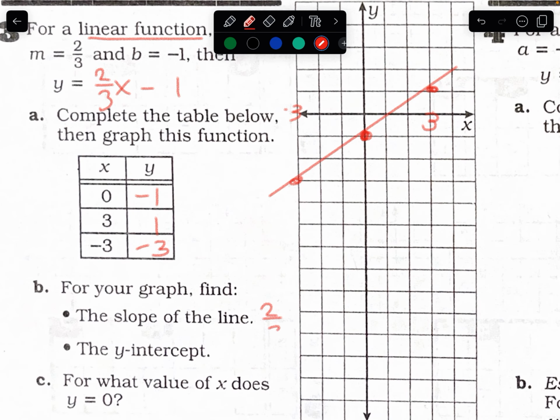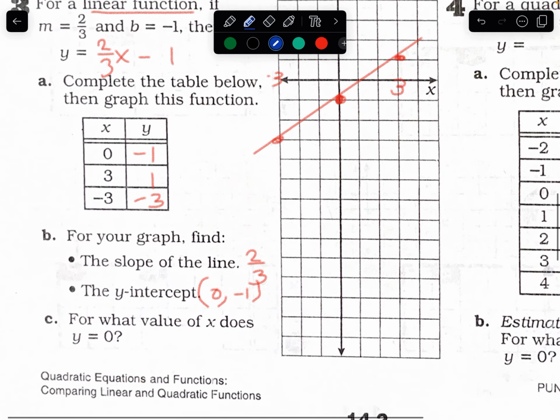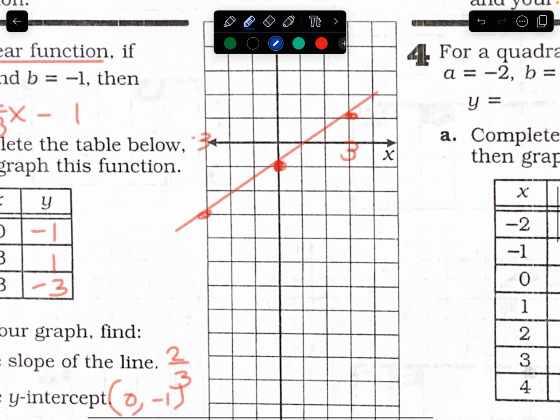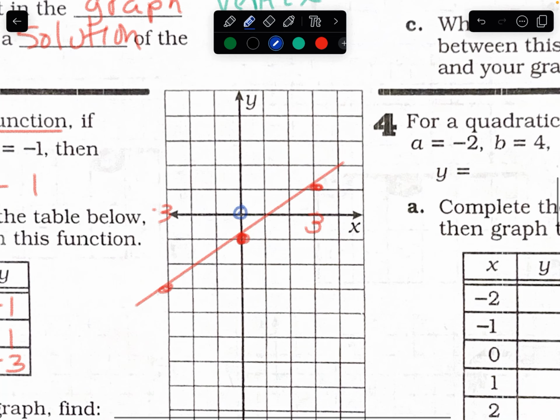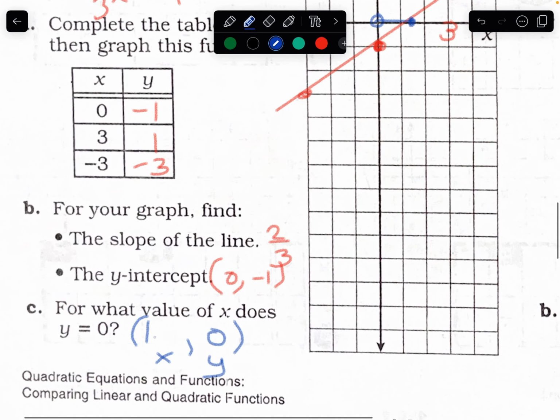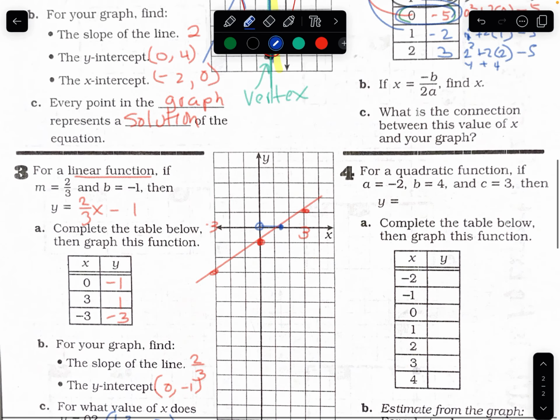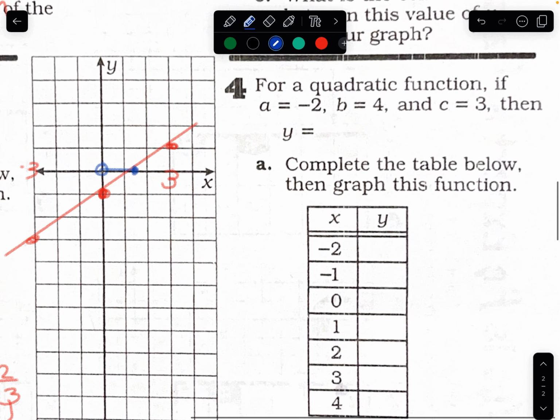Slope of the line, 2 over 3, the y-intercept, 0, negative 1. Well, when y is 0, what is x? Okay, when y is 0 right here, what's x? X is right there, about 1.3. Guess 1.3 or 1 all the way to 1.5. You estimate.